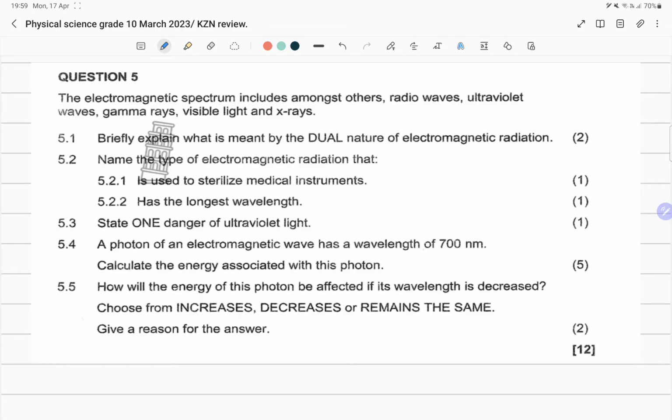Anyway, if we list them from the lowest energy to the highest, the lowest energy is going to be the radio waves. And then we go on to the next one. It's going to be a microwave, right? Which is not included here.